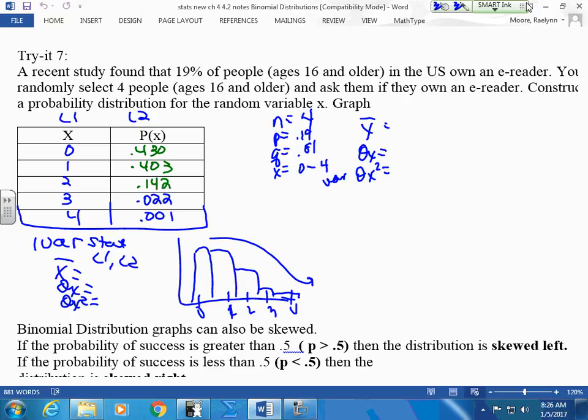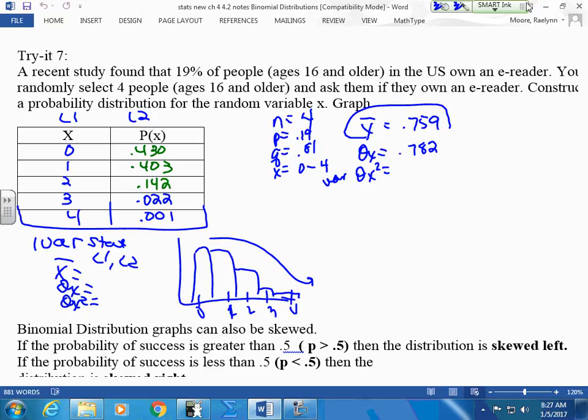Anybody come up with the mean? 0.759. Okay. Standard deviation? 0.732. Okay. And variance? Okay. Go to stat, go to the 1 var statistics, and square your standard deviation.